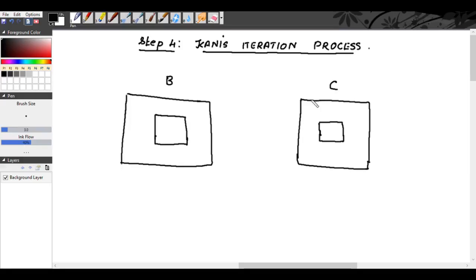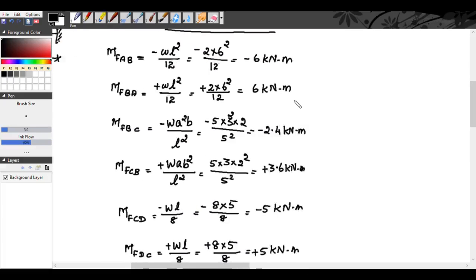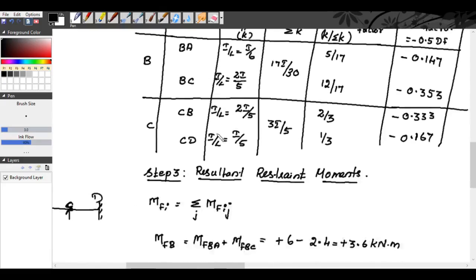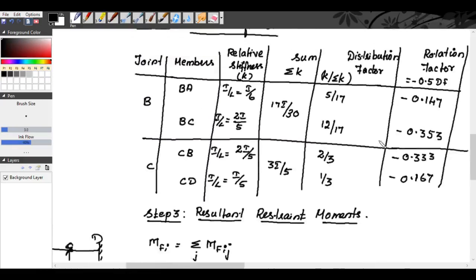Now we have found our restrained moments at B and C in the last step. We have found the resultant restrained moments at joint B and at joint C. So these moments, that is plus 3.6 and minus 1.4, should be written inside the smaller box.